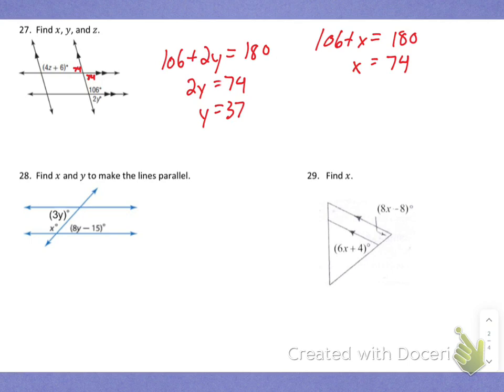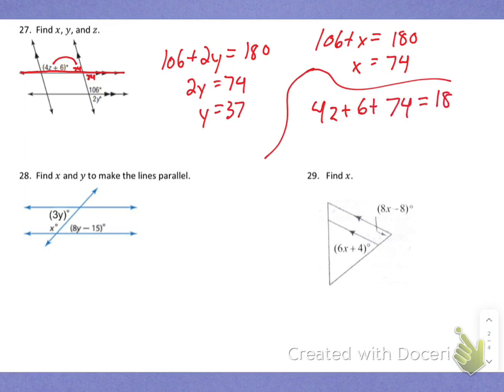Now if I'm looking at this final line for z, this is the transversal, which means that these two are same side interior. So to find z, all I would need to do is have 4z plus 6 plus 74 equal to 180.